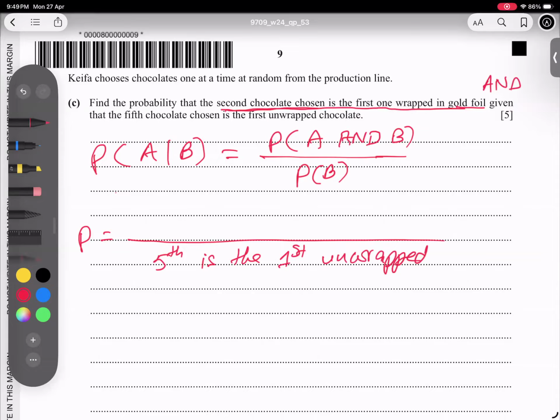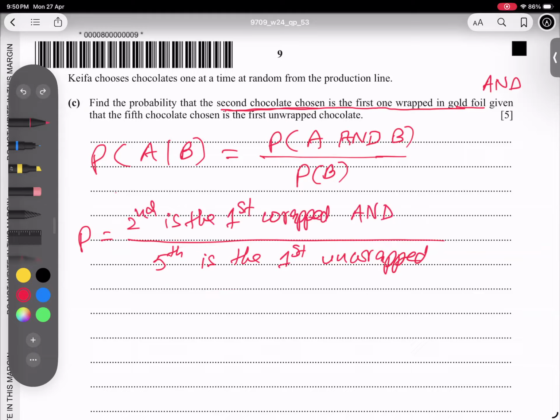And at the same time I'm reading A and B together. So how do we read together? Second chocolate, second is the first one wrapped, and now I'm reading this together.